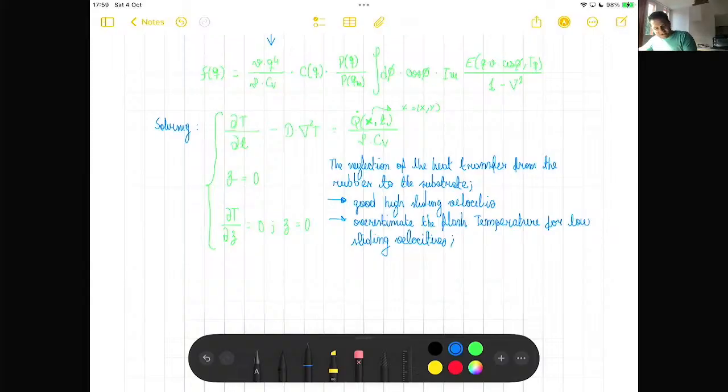What the author is saying is, even though I have an overestimation of the flash temperature, the flash temperature is not so important.